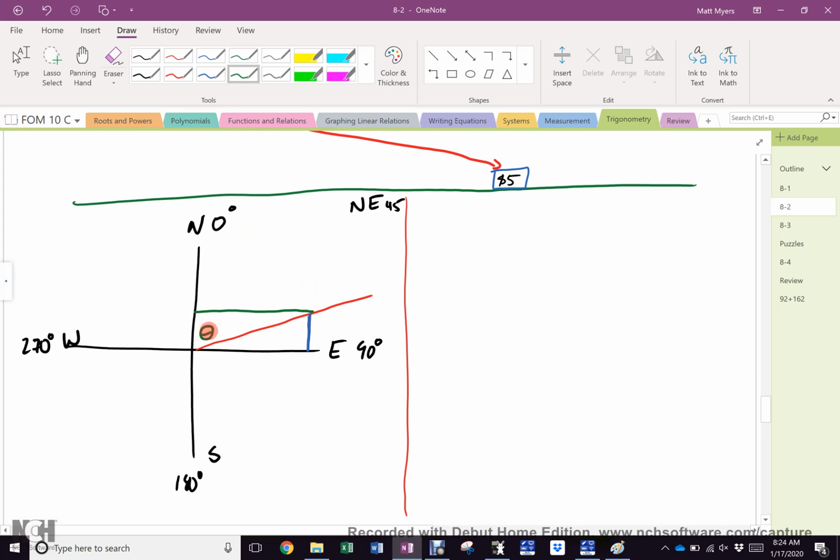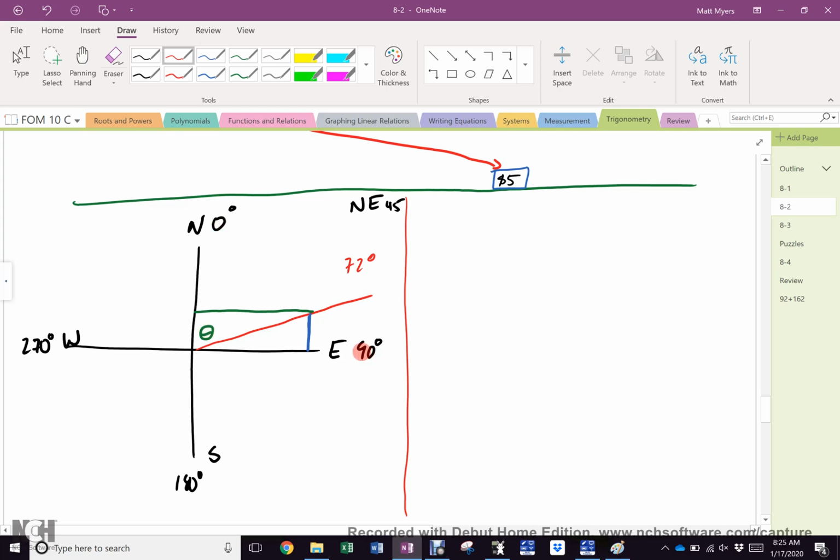This theta is what? No. I'm walking on the ground. I'm not flying in the air. This, I am walking at 72 degrees. So how far is green theta? North is 0.